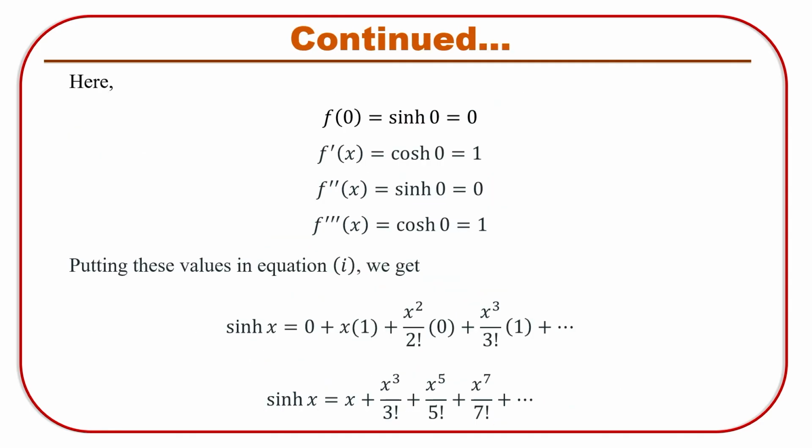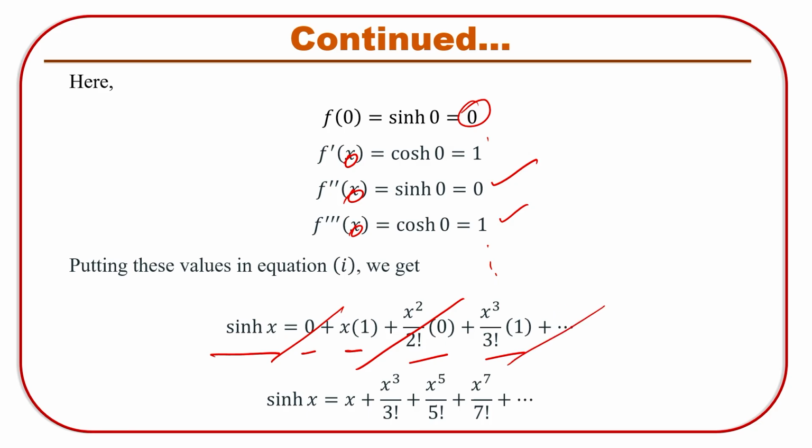You will get f0 equal to 0, f dash of 0 equal to 1, f double dash of 0 equal to 0, f triple dash of 0 equal to 1 and so on. So, it is going to be alternating: 0 1 0 1 0 1 and so on. So, sine hyperbolic of x can be written as 0 plus x squared by factorial 2 into 0, plus x cubed and so on, so just the even position terms are going to be 0 only.